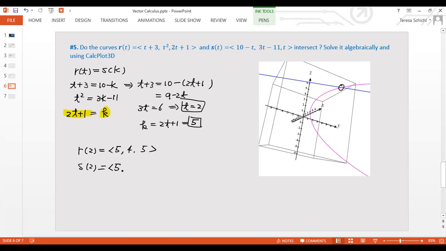And 3 times 5 minus 11 is 4. And 5 is here. They're equal. That's why these two intersect, and they intersect at the point (5, 4, 5). That's what CalcPlot3D verifies. All right.